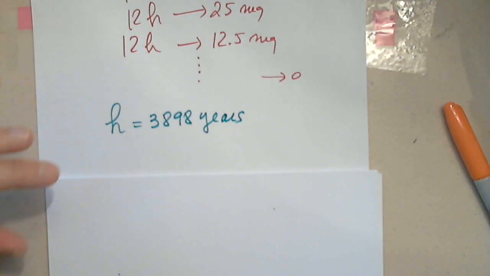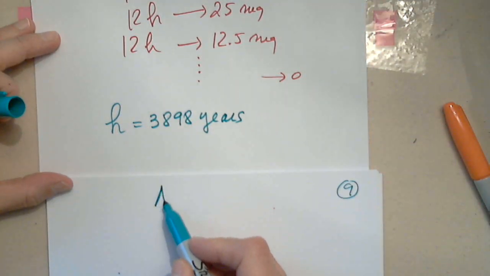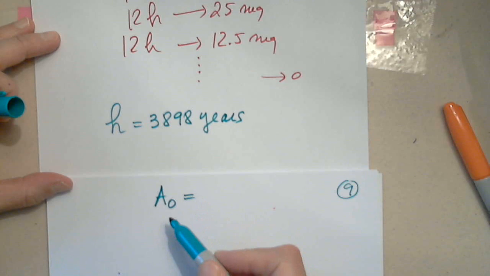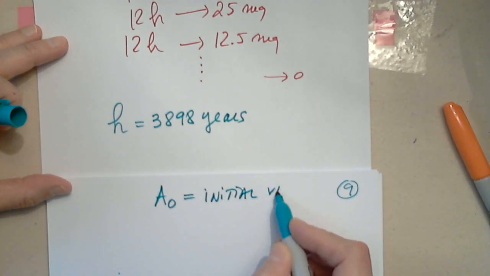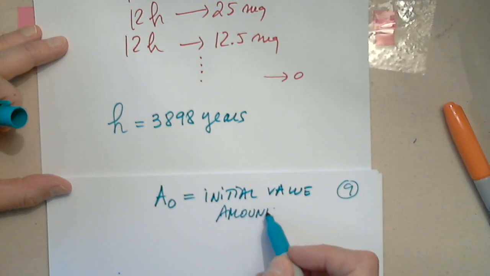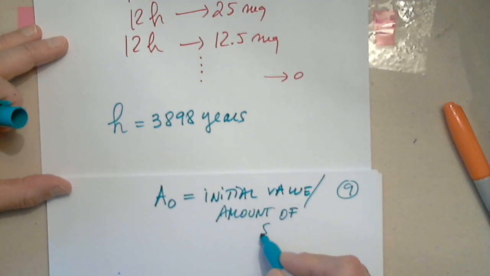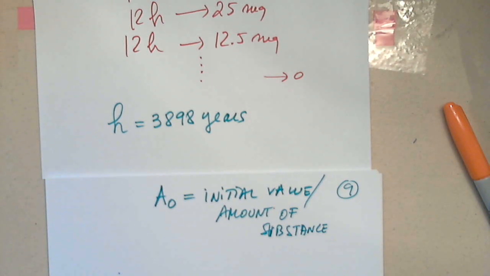So in this particular case, as an example, let's say we have A0, which is the initial value or amount of substance. I have no idea what it is and I don't care what it is. We have A0 amount or quantity of the substance.